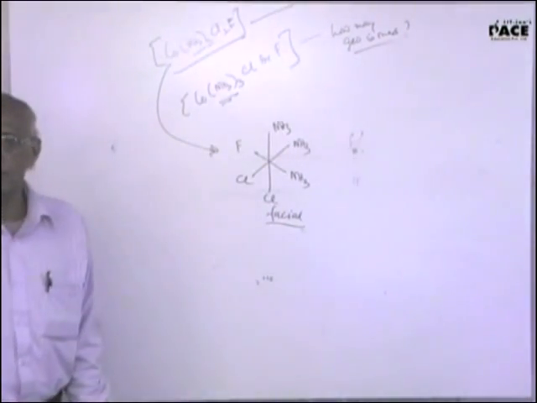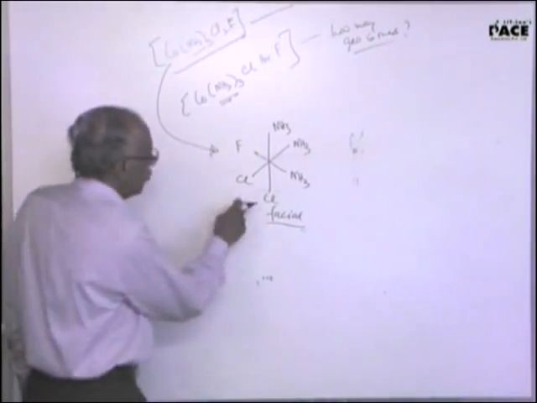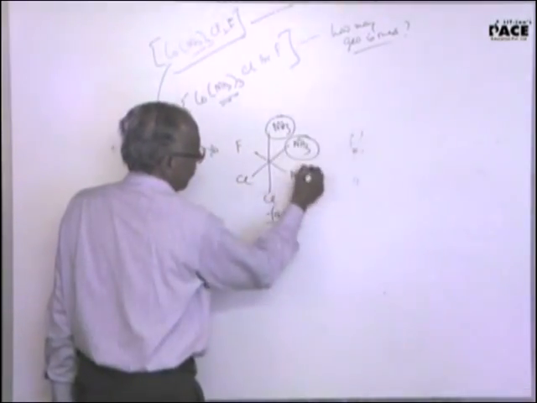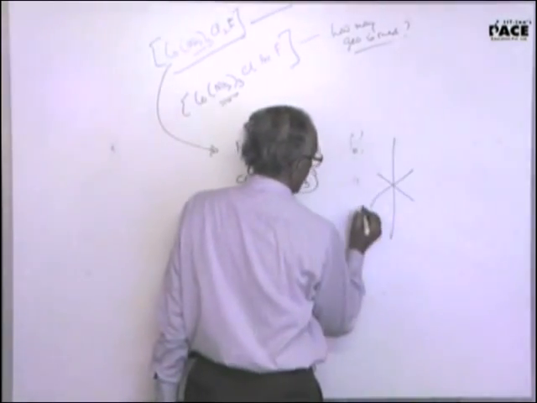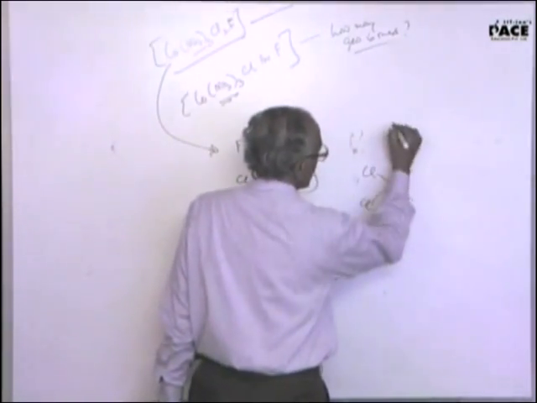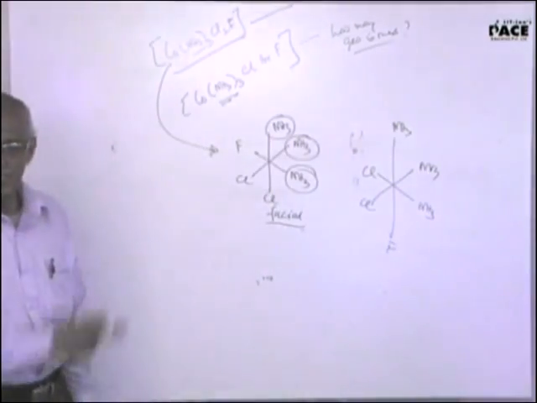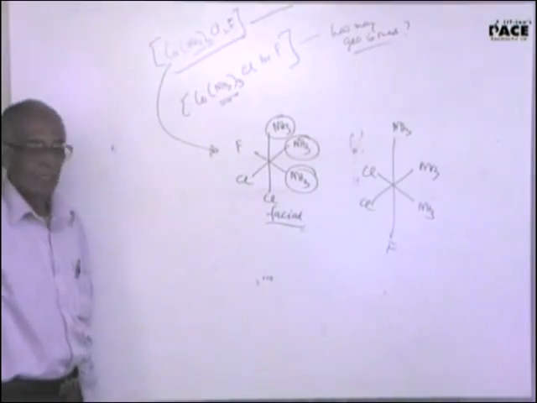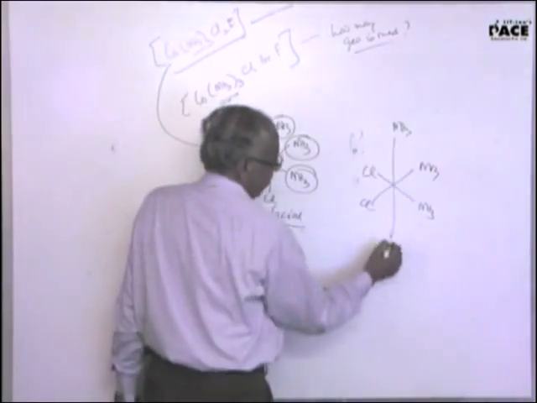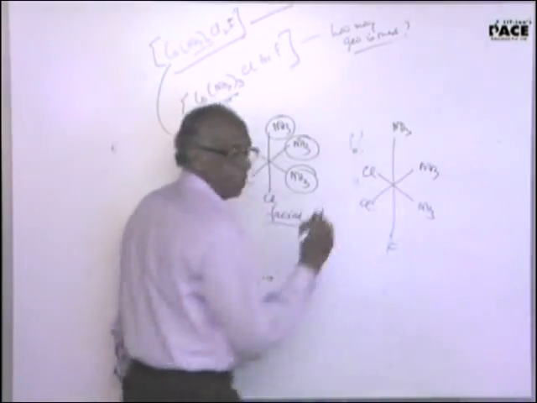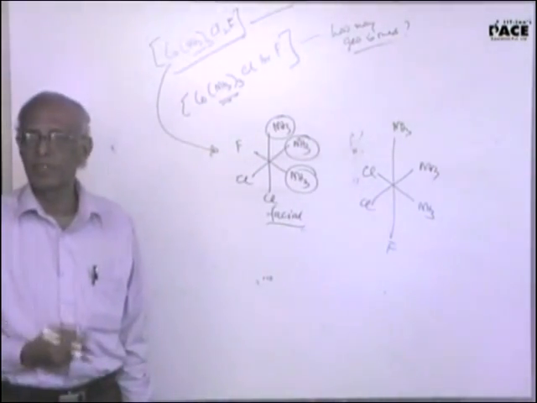How many facial isomers will you have? Only one. Wherever you put it, the trans ligand is the same. Does it change the trans ligand? Cl trans to ammonia, Cl trans to ammonia, F trans to ammonia. So you will have only one facial isomer.